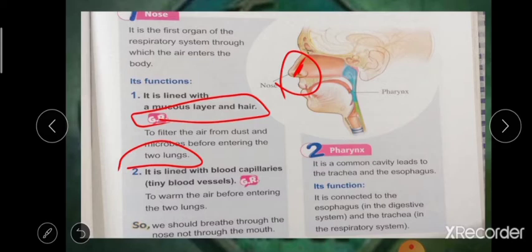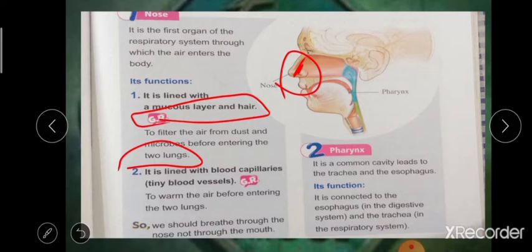Filter air from what? From dust and microbes. It is like a filter inside our home to filter water. The same. The nose contains hair and a mucus layer to filter air from dust and microbes.